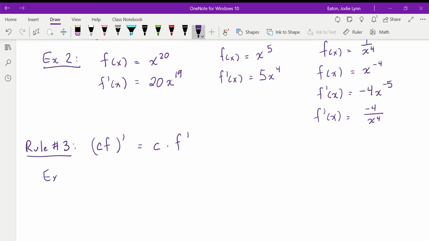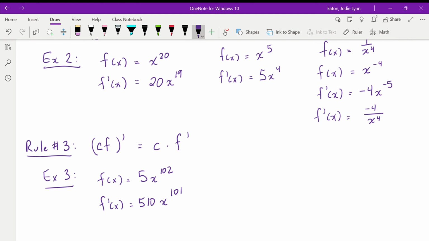So let's look at a couple examples here. If f of x equals 5 times x to the 102, then f prime of x equals 102 times 5, which is 510, x to the 101. So we just multiply that constant multiplier times our derivative.